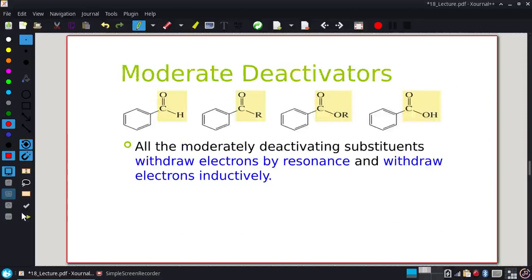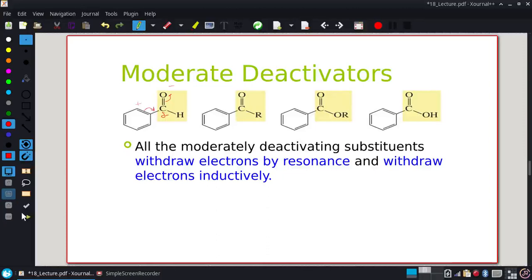Alright, moderate deactivators are going to have those carbonyls we saw before on the moderate activators, but on the deactivators we put the carbonyl directly off the ring. What that does is that slight positive nature pulls the electrons into it. We're going to see withdrawing via resonance because this could move here and that could move up, making a positive and a negative ion, so resonance makes this ring more electrophilic.